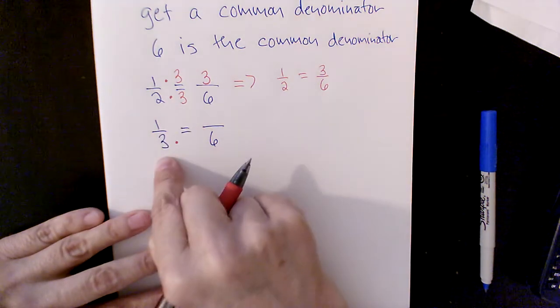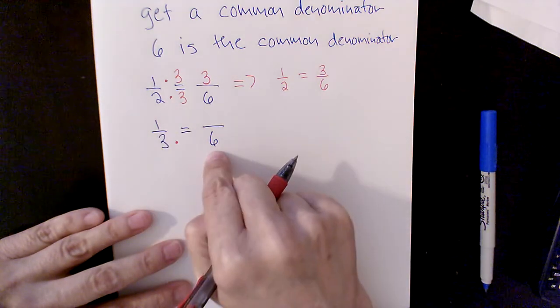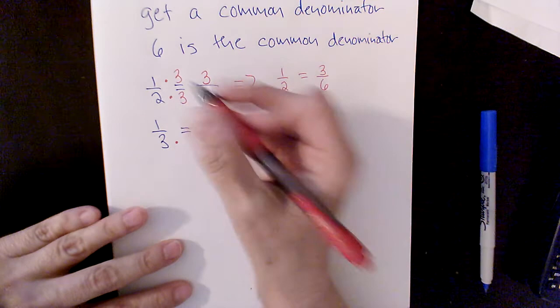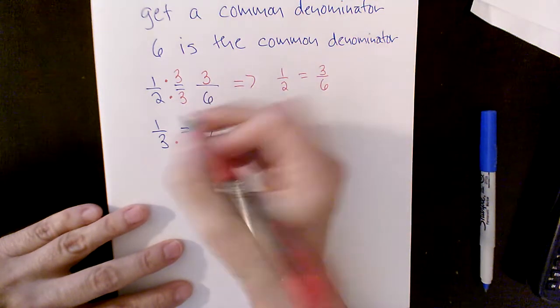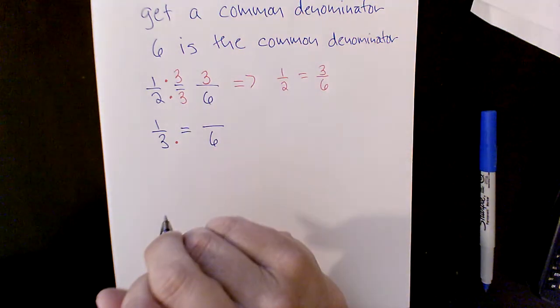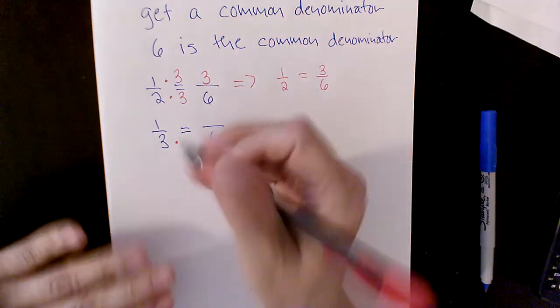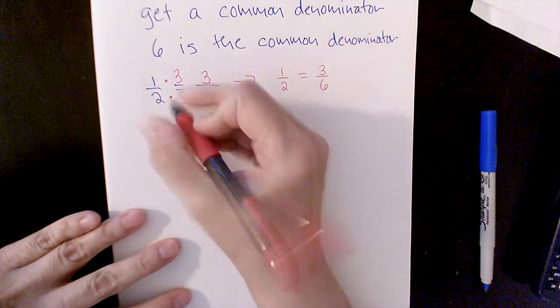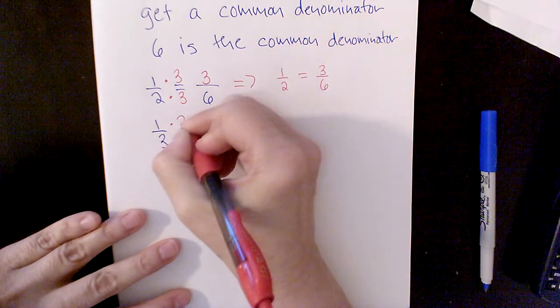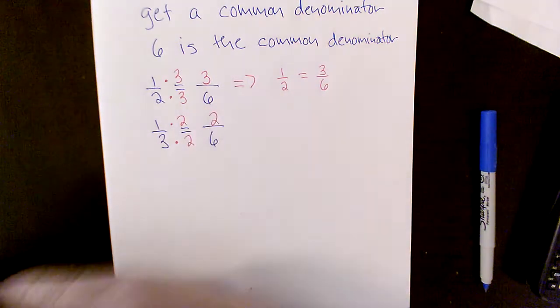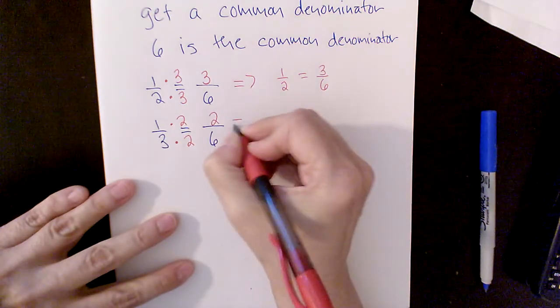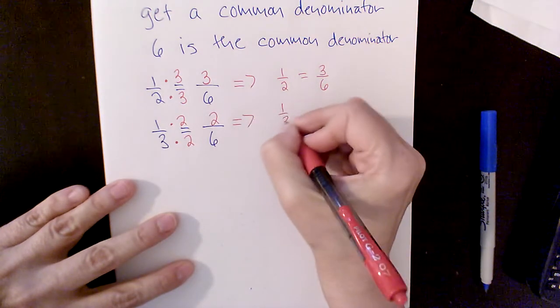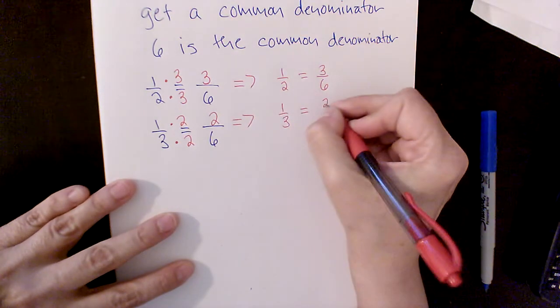And now I'm going to change 1/3 over to 6s. So 3 times what is 6? Or 6 divided by 3 if that's easier. So 3 times 2 is 6. 1 times 2 on the top is 2. So 1/3 is now 2 over 6.